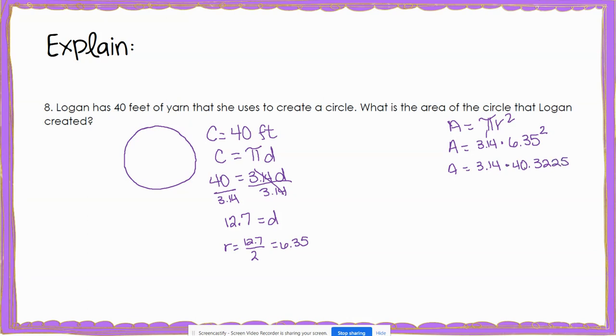Now I have to still multiply that by 3.14, and that gives me an area of approximately 126.61265. And these are measured in feet, so we're going to say feet squared. Now this problem did not specifically ask me to round to the nearest tenths, so this answer would be acceptable.